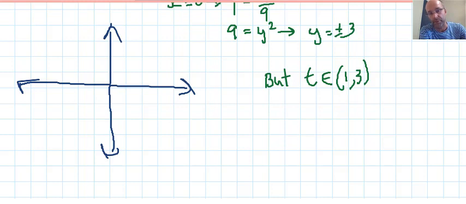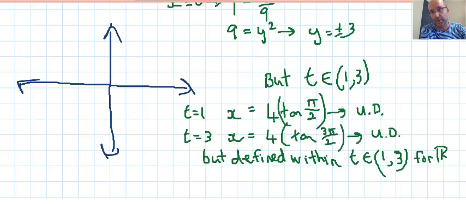We have to consider the given interval for t, so the domain for t, time, not x, but t for time, is from 1 to 3 exclusive. So we need to look at the behavior of those things for x and for y. Now, this takes a little bit of thinking and a little bit of help from technology.